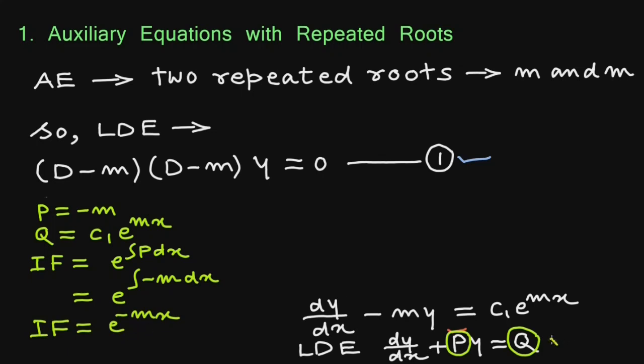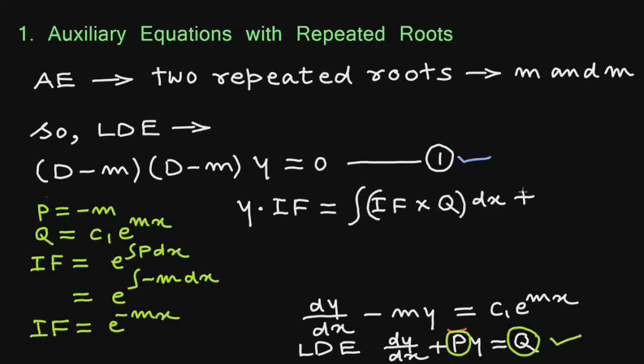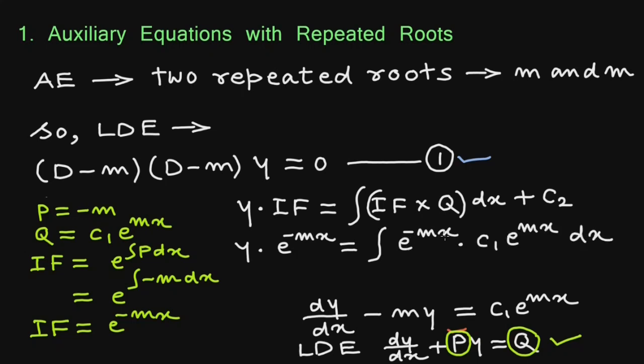Now the solution of this linear differential equation is written as y into integrating factor equals integration of integrating factor into q dx plus an arbitrary constant c2, which is y into e raised to minus mx equals integral e raised to minus mx into c1 e raised to mx dx. e raised to minus mx into e raised to mx will be 1.